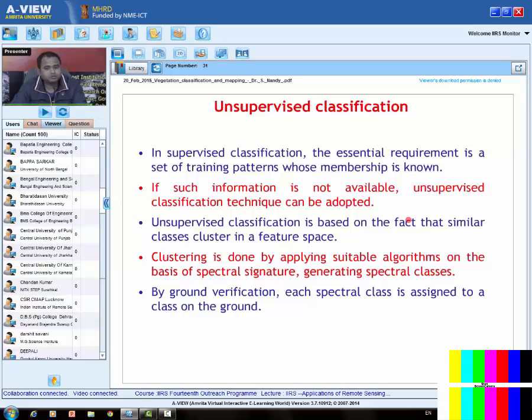Clustering is done by applying suitable algorithms on the basis of spectral signature to generate spectral classes. And by ground verification, each spectral class is assigned to a class on the ground. So in supervised classification, you know the classes, you give training sites, then you classify into different classes. In unsupervised classification, you classify the image first, and then you assign different classes.